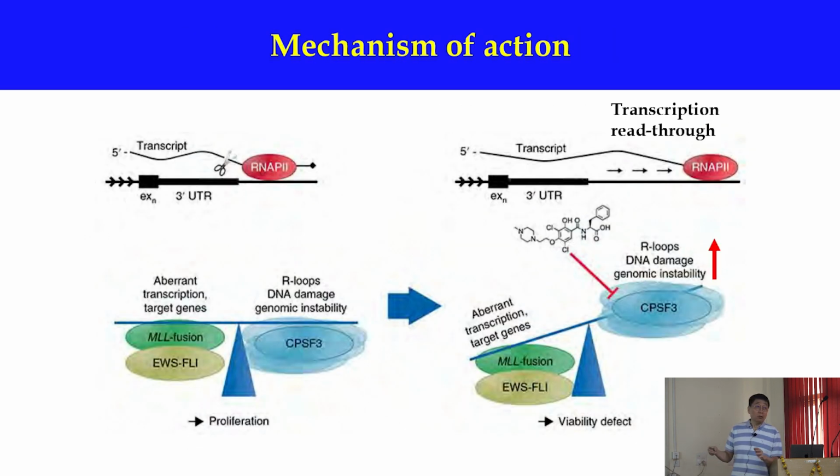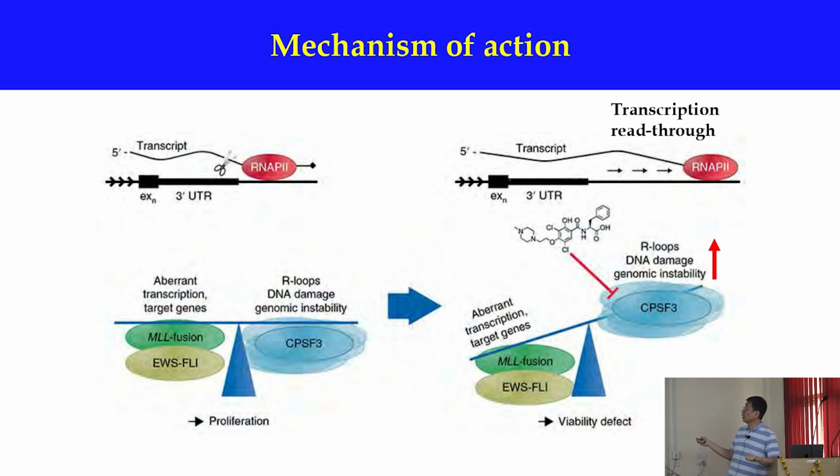So that's all in vitro. In vivo, how does it kill the cell? The idea is CPS73 cleaves the primary transcript, which is important for polymerase termination, transcription termination. So in normal cells, the transcription terminates, everything is normal, and you get cell growth. But once you inhibit CPS73 using this compound, you don't cleave the RNA anymore, so Pol II will keep on going.